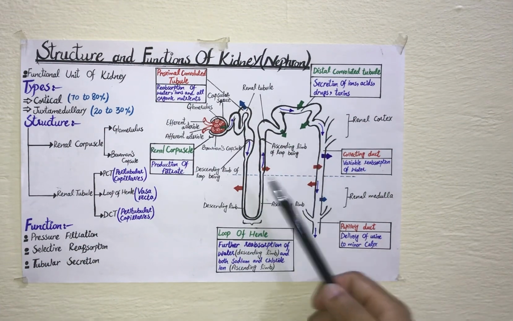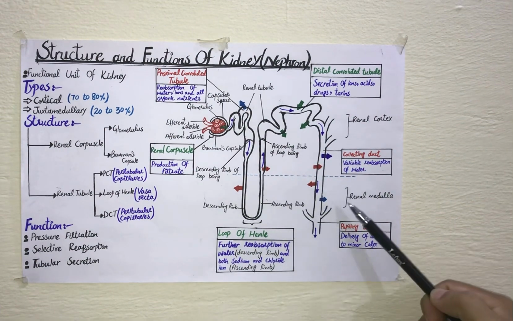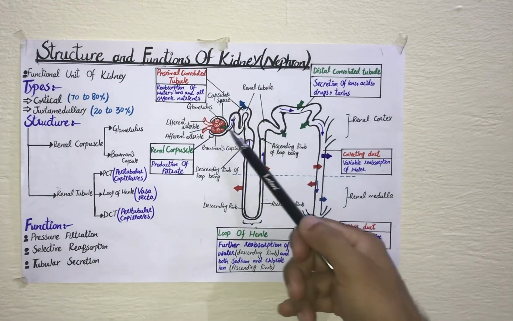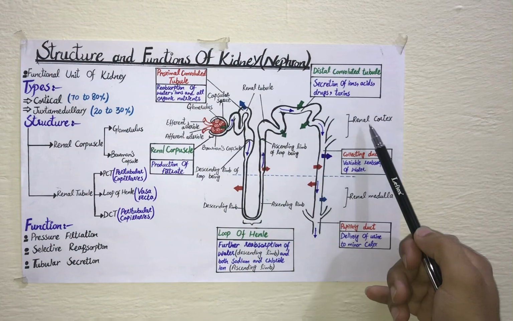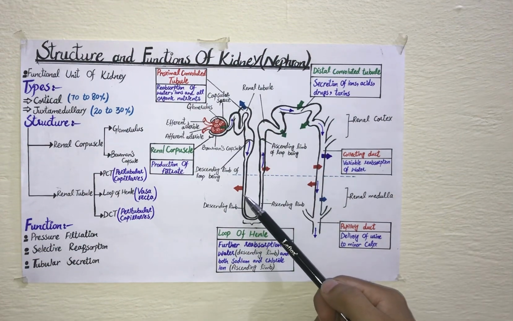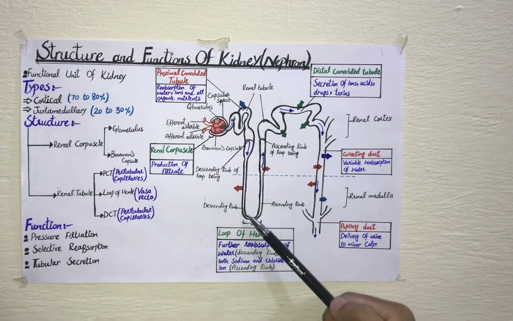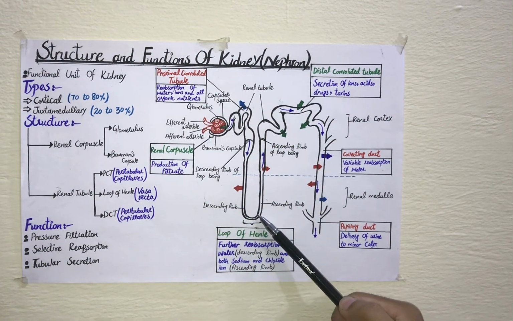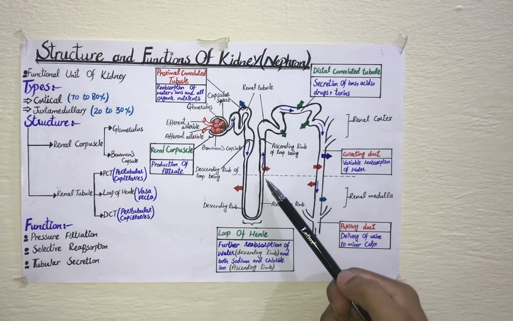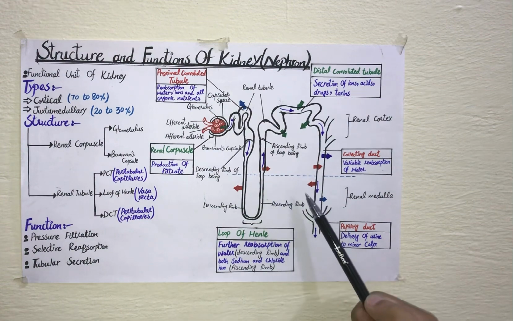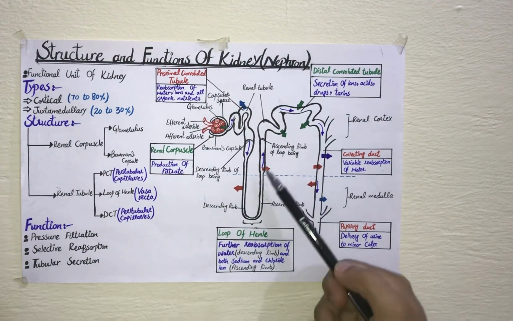Its loop of Henle and collecting duct are deep down in the renal medulla, and its proximal and distal convoluted tubules and glomerular portion are inside the renal cortex. So water comes out through osmosis by passive transport, and when the glomerular filtrate moves toward the ascending limb, most of the salts, especially NaCl, sodium chloride, table salt, are reabsorbed back into the blood through active transport.